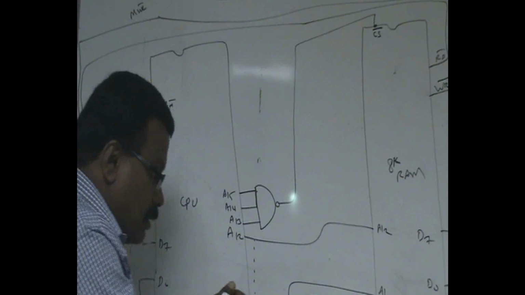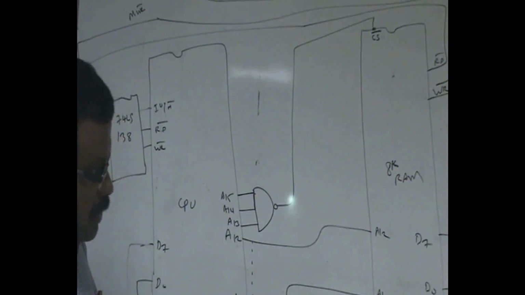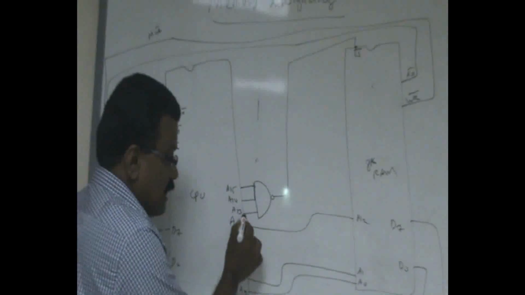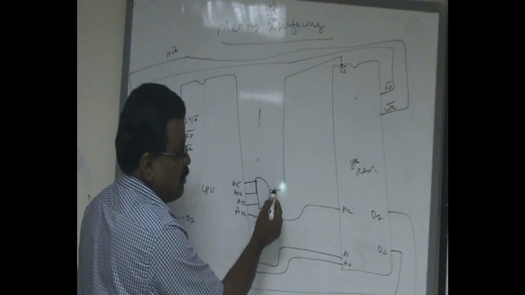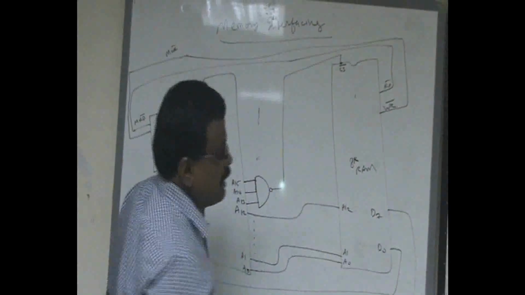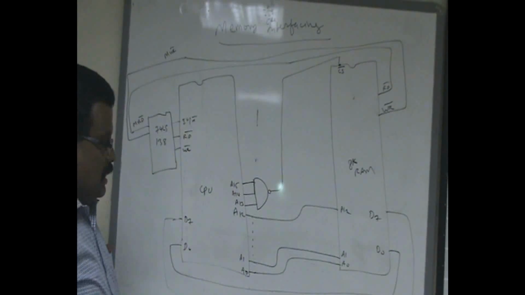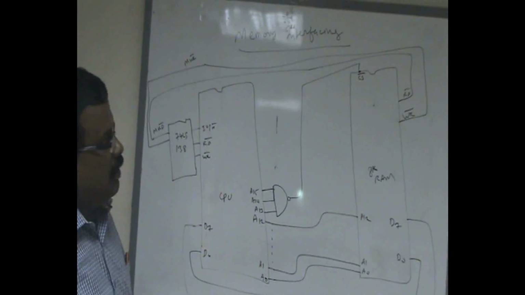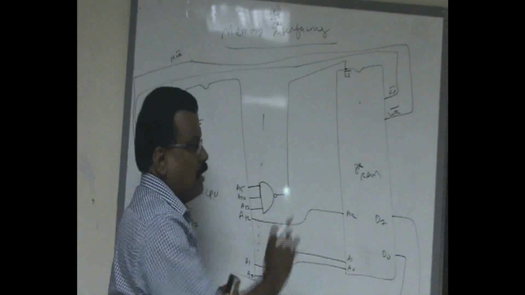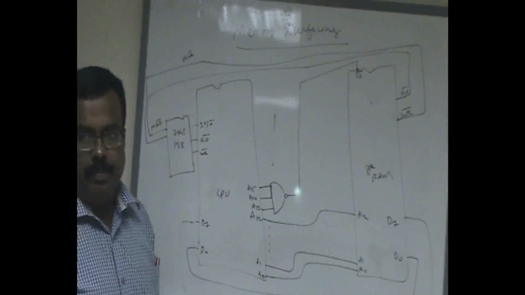Whatever may be the combination between 13 zeros and 13 ones, A13, A14 and A15 must be 1. Then only this will become 0. It will enable this chip select signal. So this is the hardware required to interface the memory IC with the CPU.